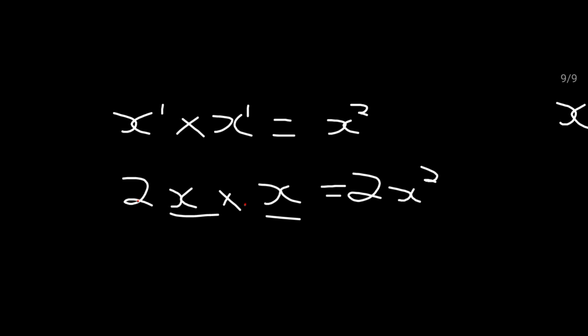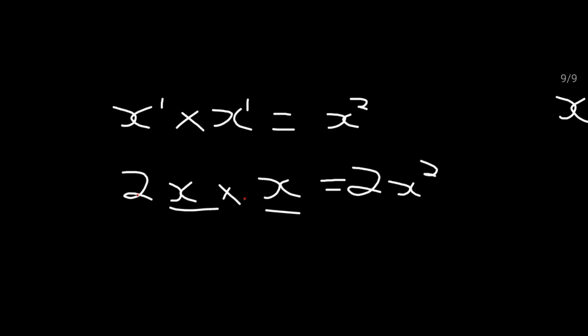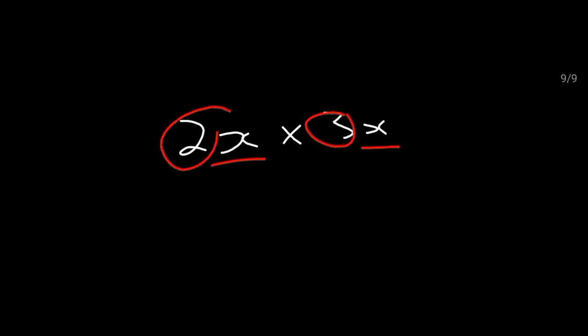So whenever you have a coefficient with like bases, like 2x multiplied by 3x, you multiply those coefficients: 2 multiplied by 3 is 6, and x multiplied by x is x squared.